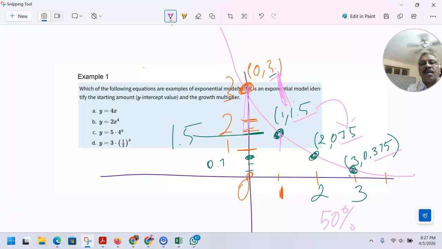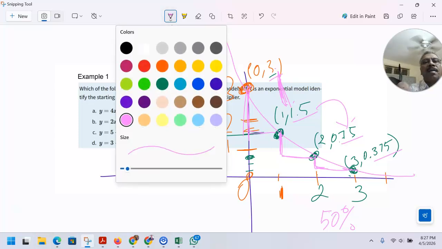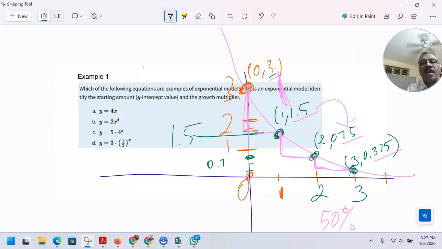From here there is a drop, but here the drop is less. From here, the drop is a little less, and like that. I hope I'm making sense here. See, this drop is so big. This drop is not that big. This drop is still less than whatever this was. So it's always half of what was before.